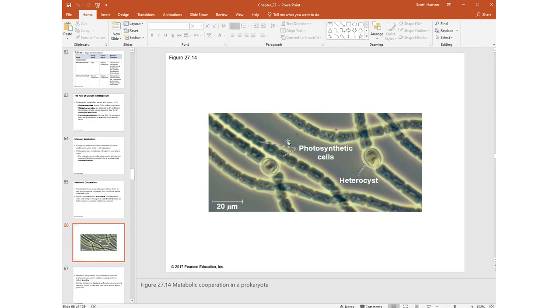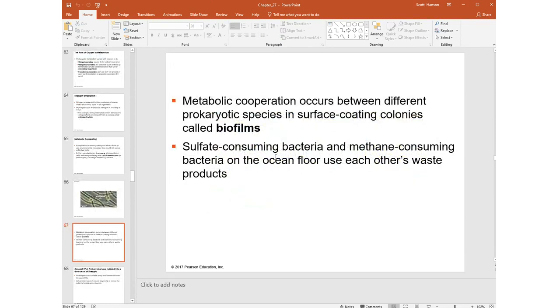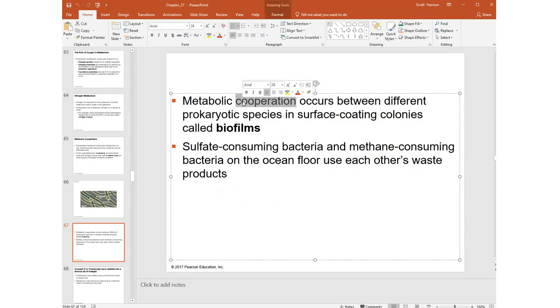So this is an example of prokaryotes forming colonies, and the Anabaena colonies are very good examples of very successful prokaryotes, and they're often very common in sloughs and ponds and things. Freshwater.